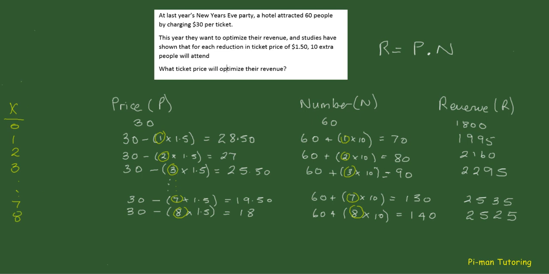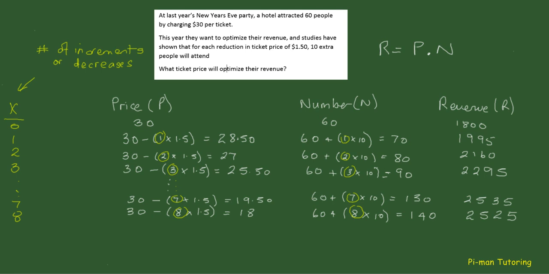And x represents the number of increments, or in this case, decreases in the ticket price. In this particular problem, we're looking at a price decrease, so x represents how many times we have decreased the price.